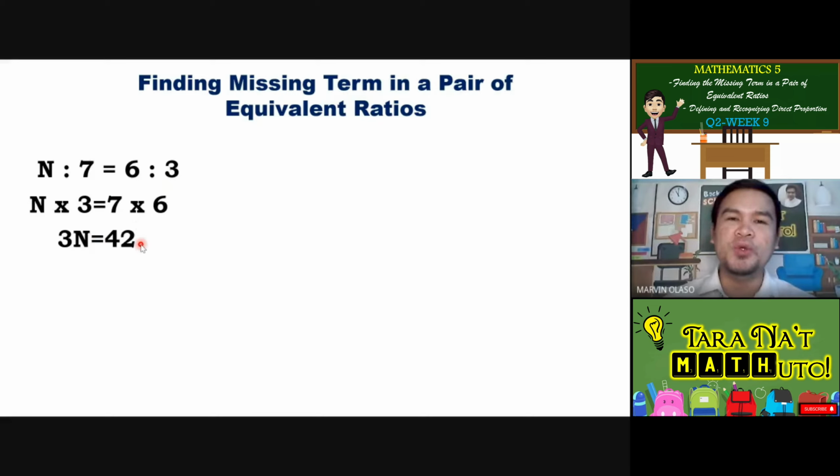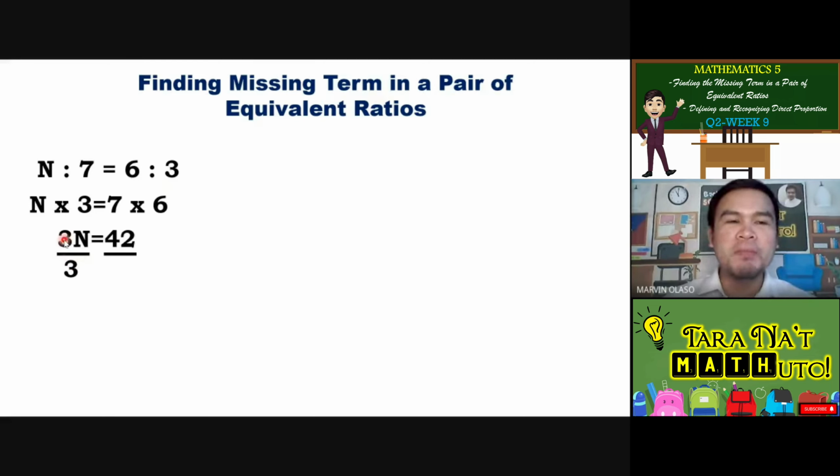We have 42. Okay. Now, in order to eliminate or mawala yung 3, ano ang operation na gagawin natin? So we are going to divide. Divide natin ito by 3. Siyempre, para mawala yung 3, kasi 3 divided by 3 is 1. So 1n is n. Diba?